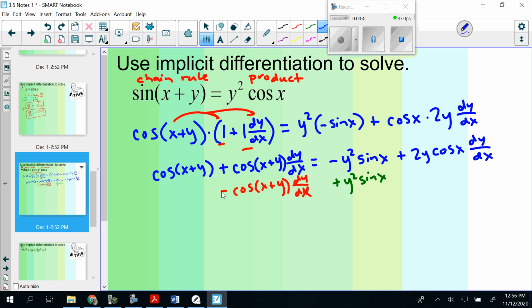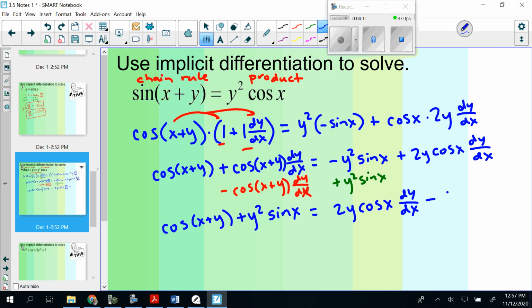So I'm going to write out what we have now. Cosine x plus y, no derivative on that one, plus, because I added this other term over here, this one, because that doesn't have a derivative either. On my right side now, I have 2y cosine x dy dx. And I also subtracted this other term that had the derivative over here.